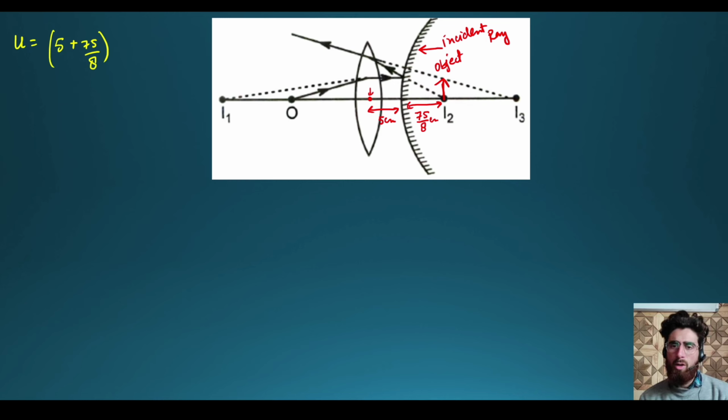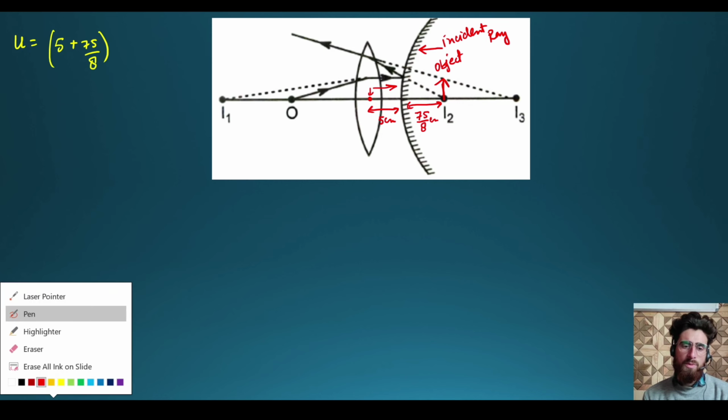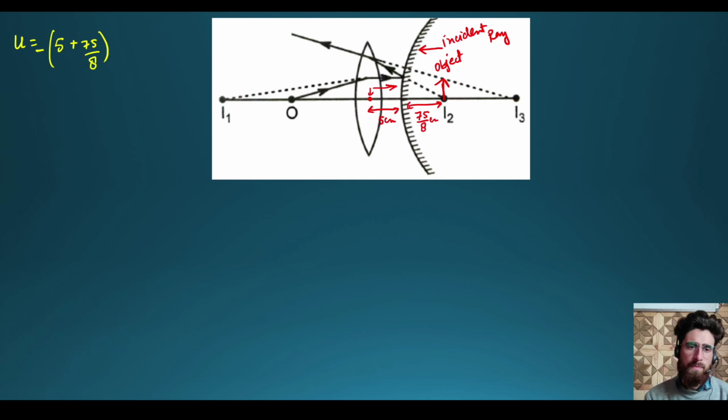We have to locate the object, so we are traveling opposite to the direction of incident light. So again, the object distance here is going to be negative. It's going to be 40 plus 75 upon 8, and all of this is negative. It's going to be minus 105 upon 8 centimeters.